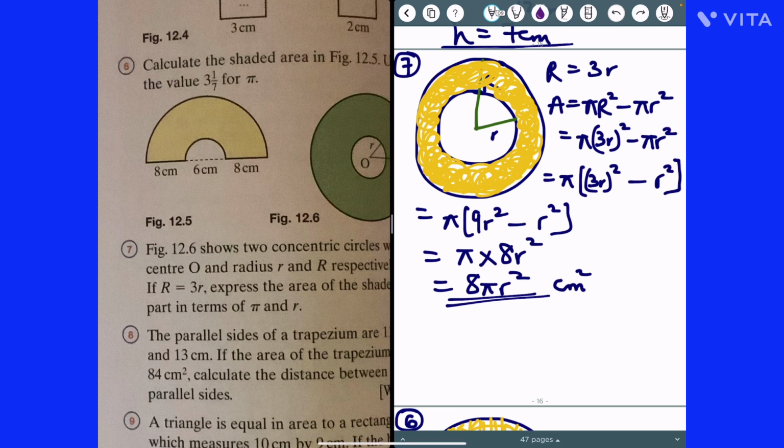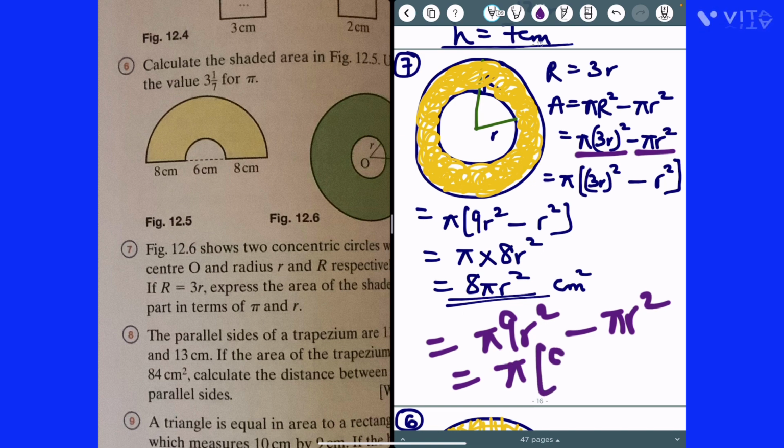You understand? So that gives me pi 9r squared. This gives me pi r squared. Pi 9r squared minus pi r squared. So if I take out the pi, I have pi times 9r squared minus 1r squared. Although I may not write the 1, it is there.